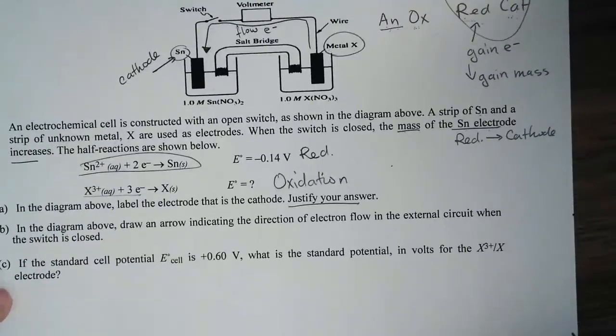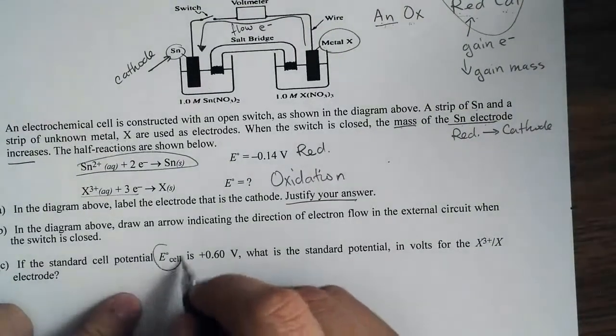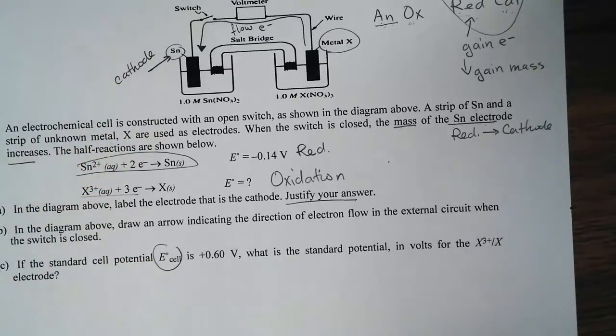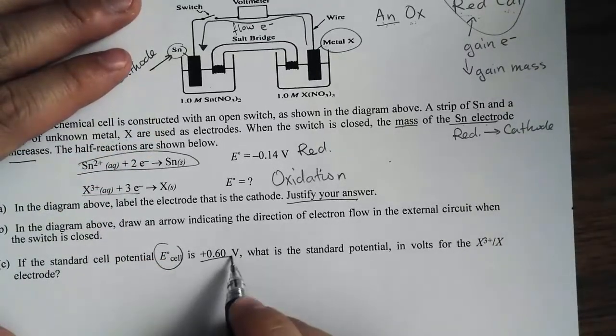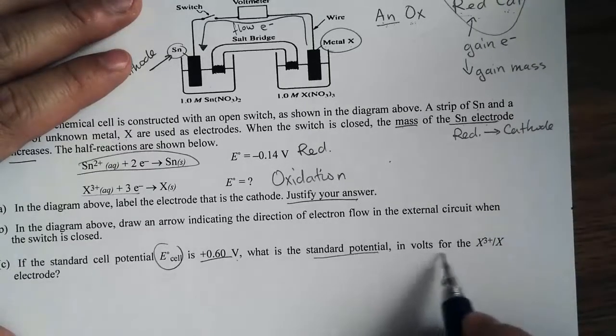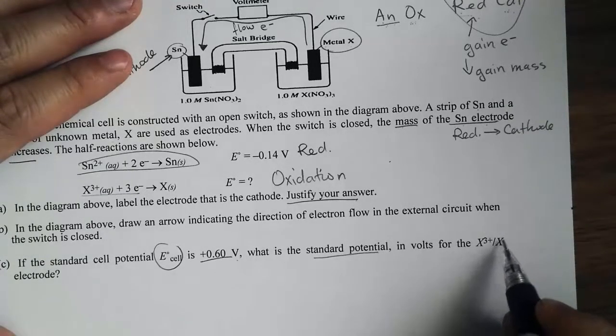Now let's go to C. If the standard cell potential was E cell, very important, okay? This is a combination of reduction and oxidation, and it tells you the E cell is 0.60 volts. What is the standard potential in volts for X with a 3 plus charge and X?